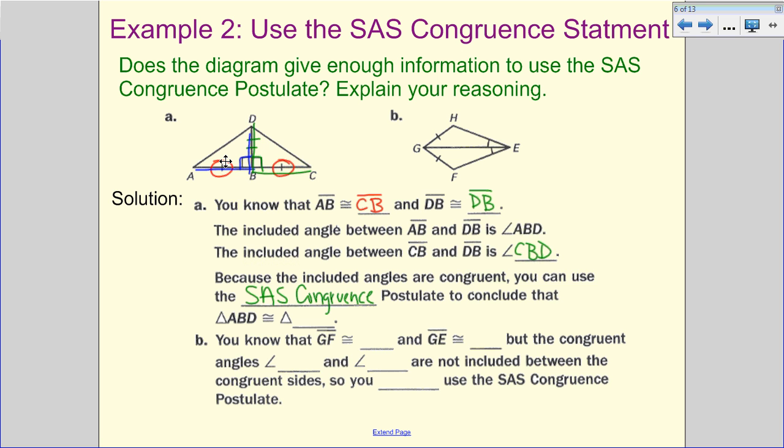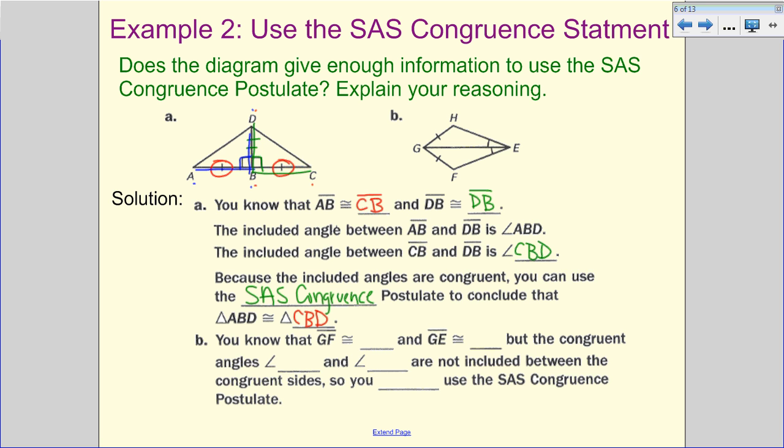The two sides meet at a congruent angle. These two sides meet at the same corresponding congruent angle, so that's what side angle side is. So triangle ABD, we go in that order, is congruent to, I need to start at C, because C corresponds to A, then B, then up to D.